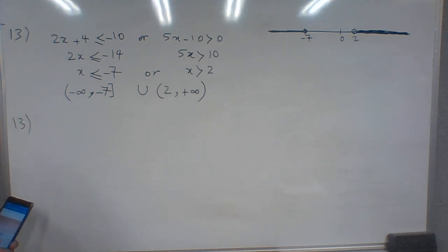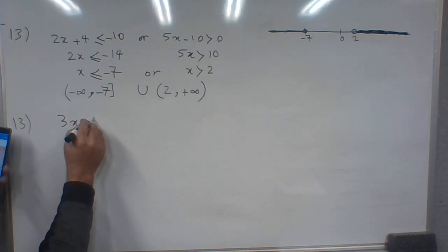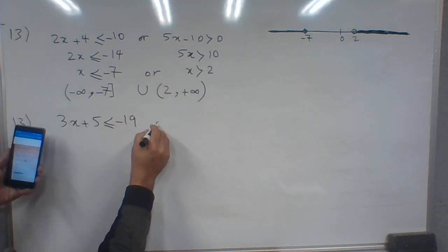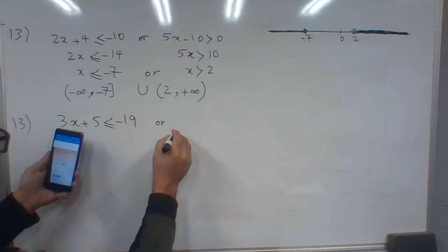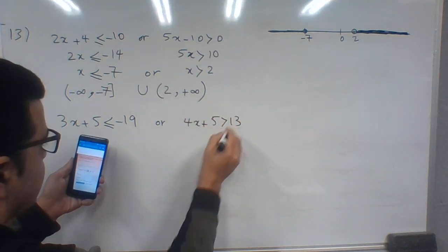Simplify the inequality, graph it, write it in interval notation, and then inequality notation. Write your answer in interval notation. So what are the inequalities? 3x plus 5 less than or equal to negative 19, or 4x plus 5 greater than 13.